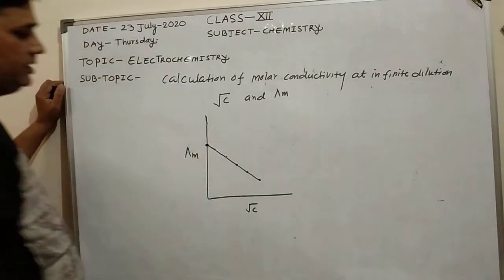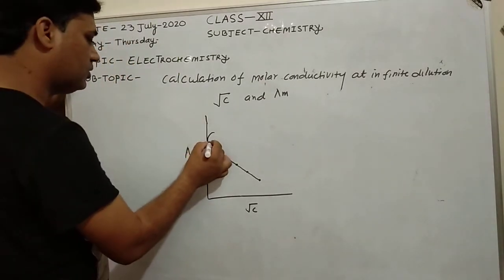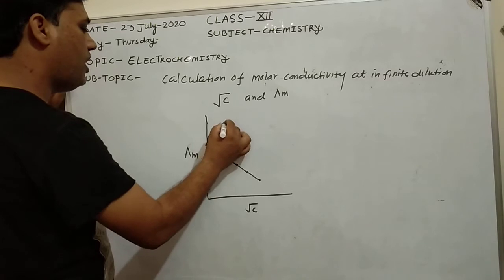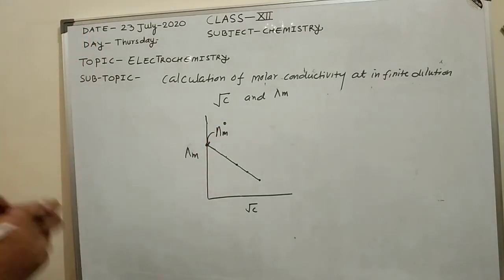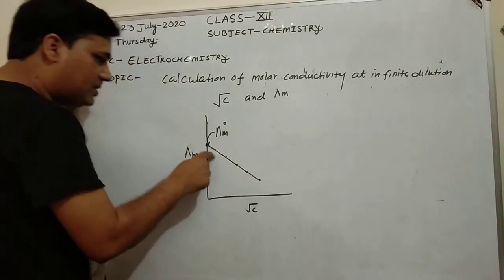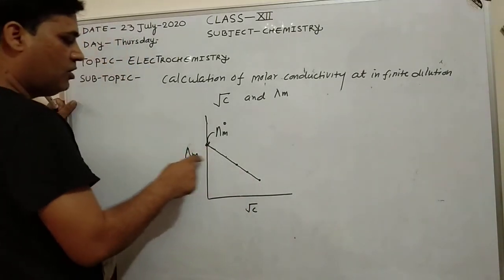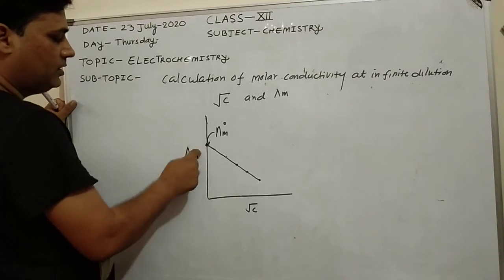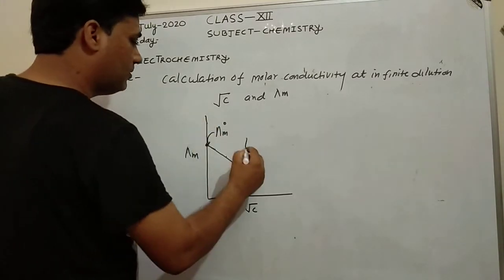At this point there is an intersection point, and this point is known as lambda m naught. So in case of a strong electrolyte, when concentration decreases, that is on dilution, molar conductivity increases linearly.